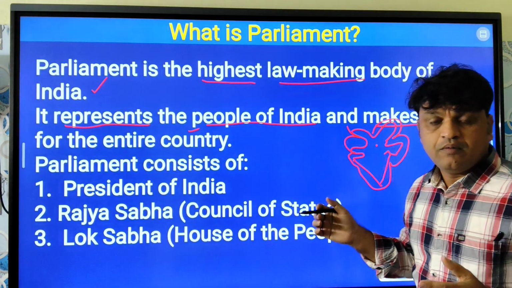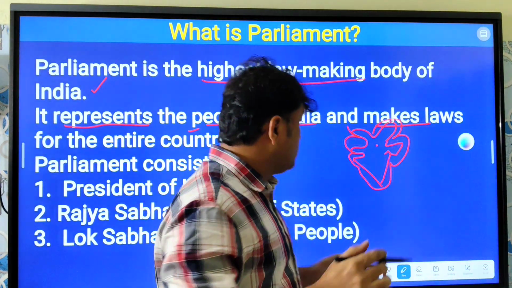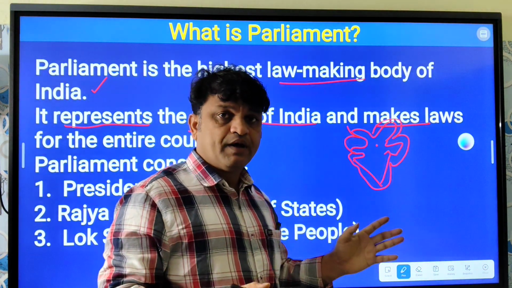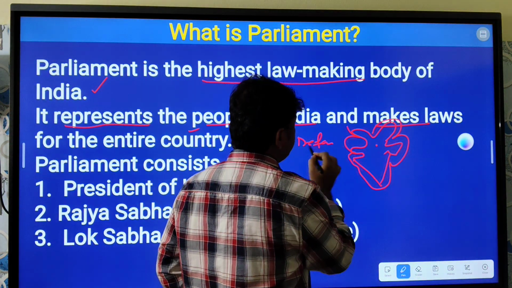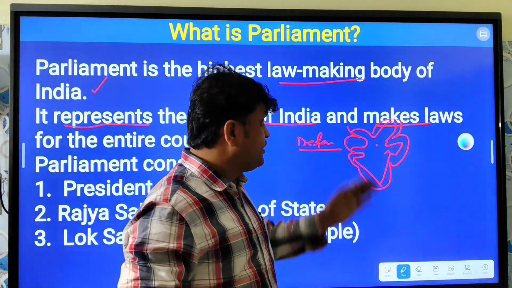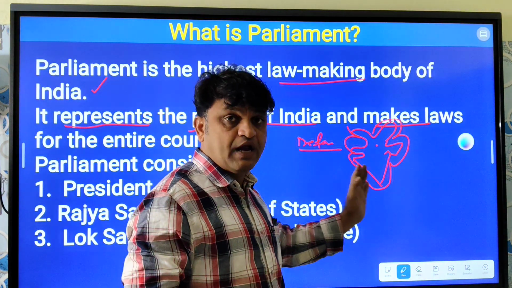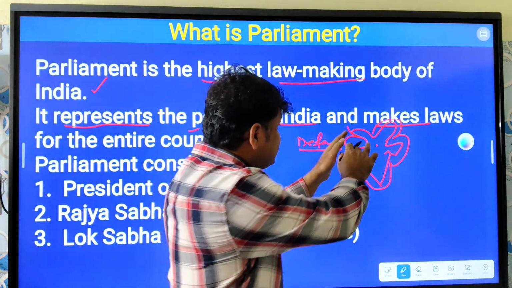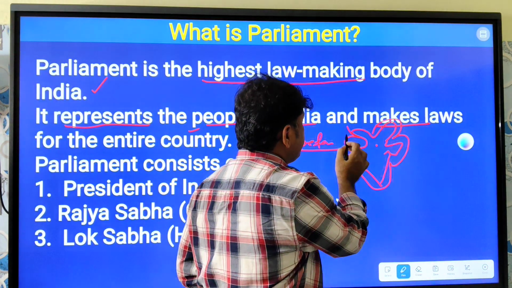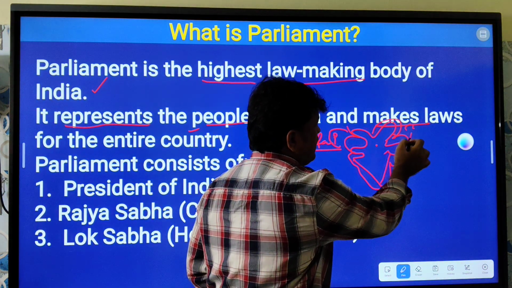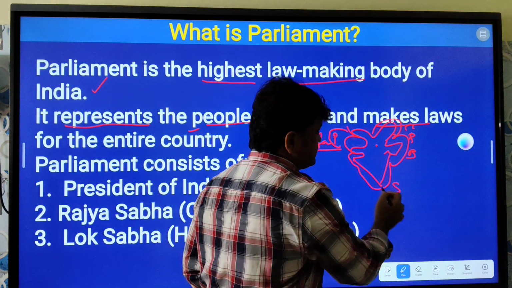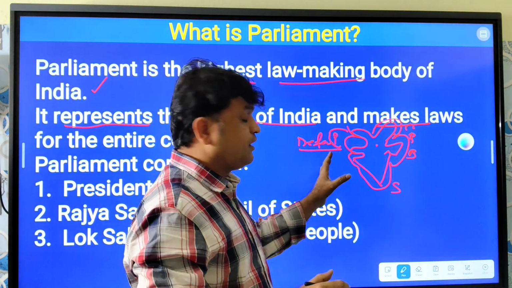What are the subjects of the union list? In the division of power, the union list includes defense: the Indian military, Indian Air Force and Indian Naval Force, which protect this country from foreign countries like Pakistan, China, Nepal, Bhutan, Bangladesh or Sri Lanka.